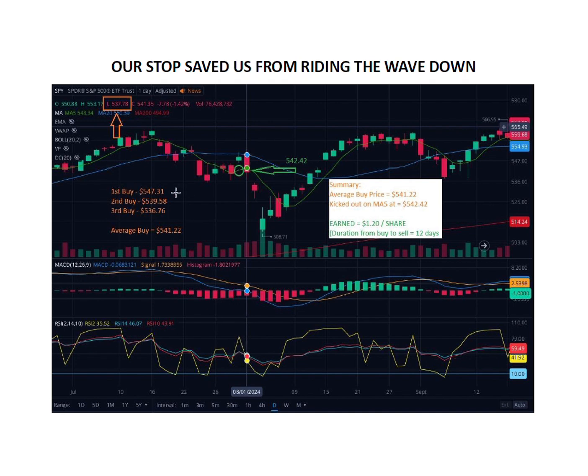Our first buy, 547.31. Our second buy, 539.58. Our third buy, 537.76. If I got 1 share of each, I add them up, divide by 3, I get my average buy of 541.22. So that's what I need to have made at least to break even.